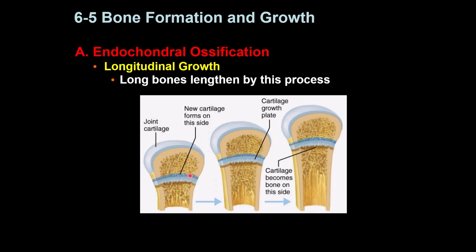So there's a cartilage there, and the cartilage grows and goes this way, and this area becomes ossified and calcified. Okay, so then the new bones are formed here, and the bone becomes longer and longer like that, until this area is open and the person grows. Once this area is closed, then the person does not grow.